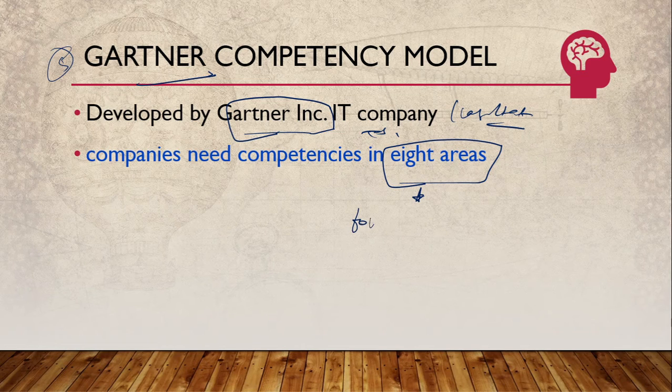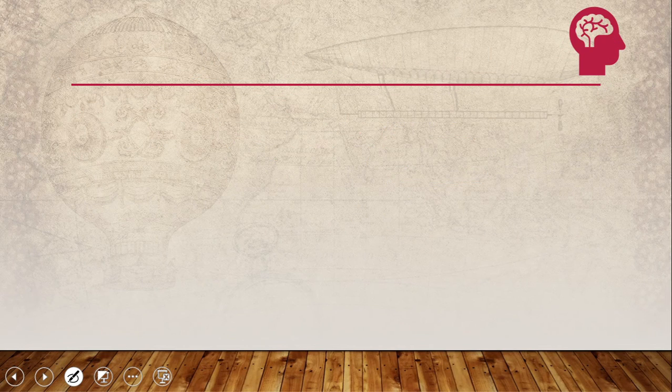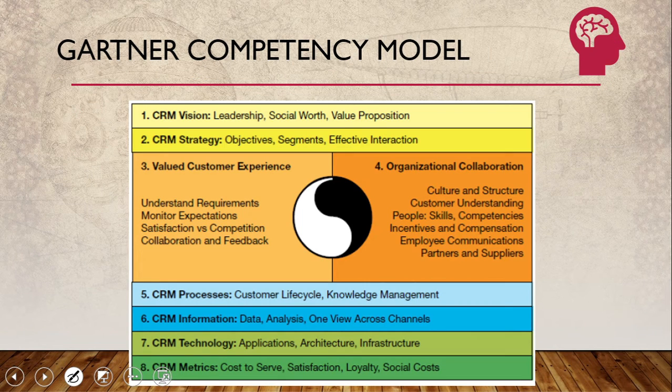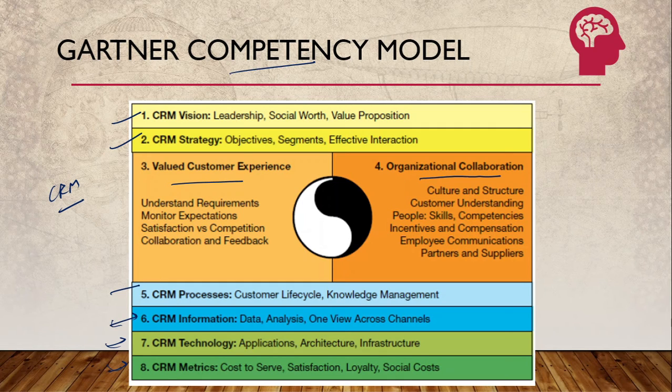They have to focus and need to have a good competency in the 8 areas, which are the CRM vision, the strategy, the customer value experience, the organizational collaboration, the CRM processes that are adopted, the CRM information, technology, and the CRM metrics. So any company trying to develop a better CRM needs to have competency in 8 areas.